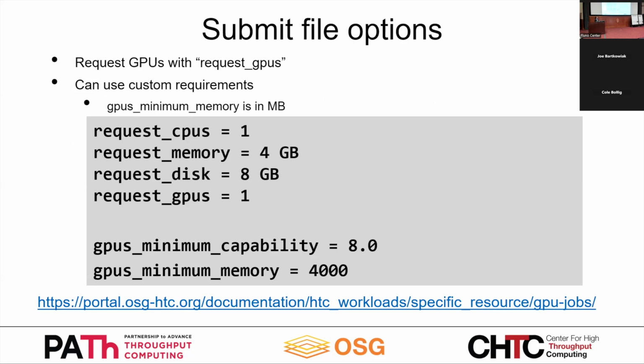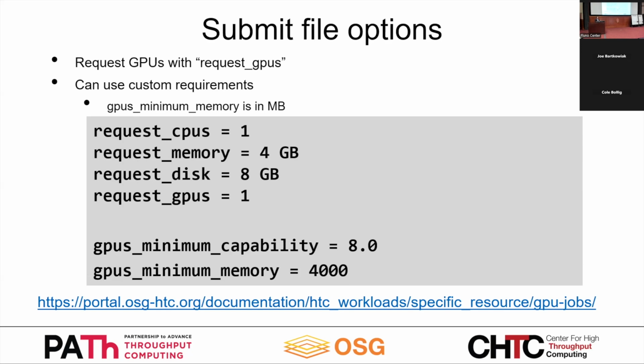GPU's minimum capability: if you know what capability you need for your scripts, you can define that, and that will ensure that you land on a machine with that capability at least. You can also define the minimum memory that you need for that GPU. These are optional, and they will limit the options available to you. But if that's necessary for your scripts, that's available there.